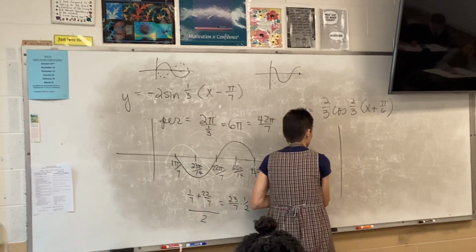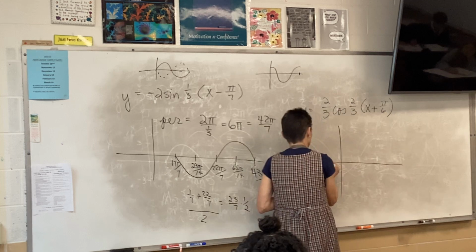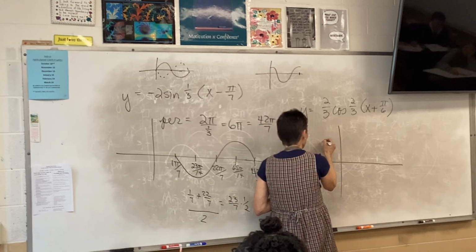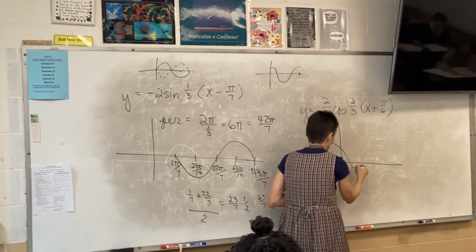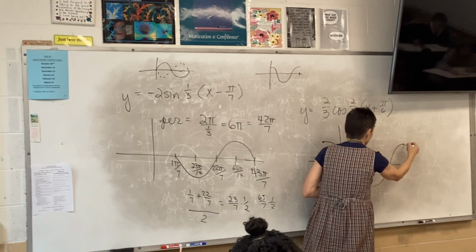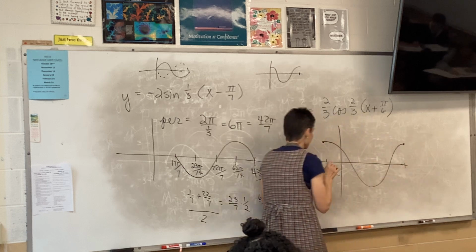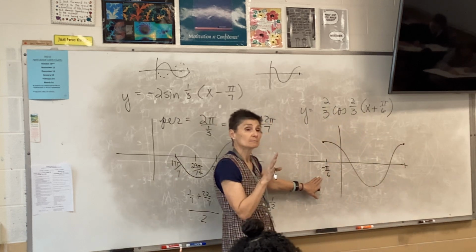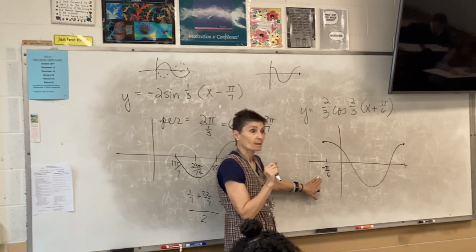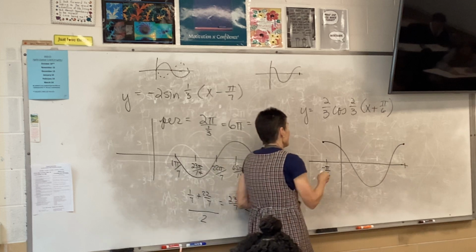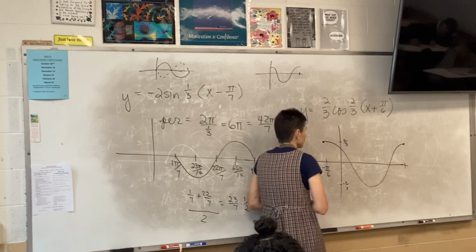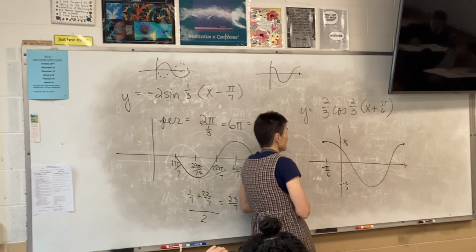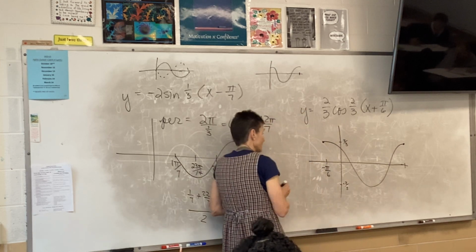First of all, I hope that you have a cosine curve starting at negative pi over 6. The amplitude is 2/3, so that's easy points. And what's our period?